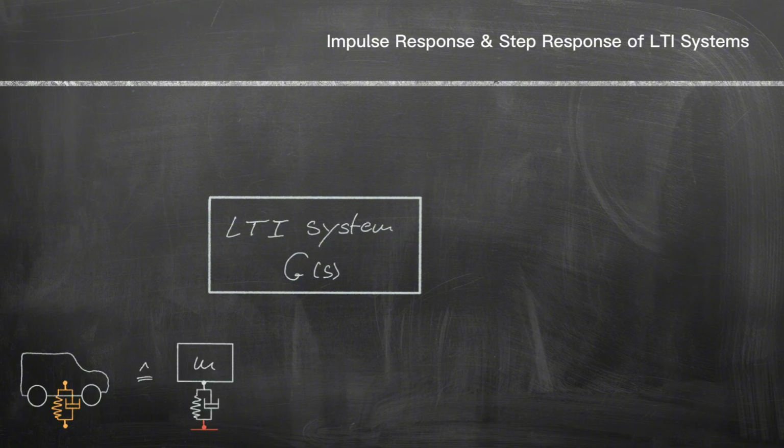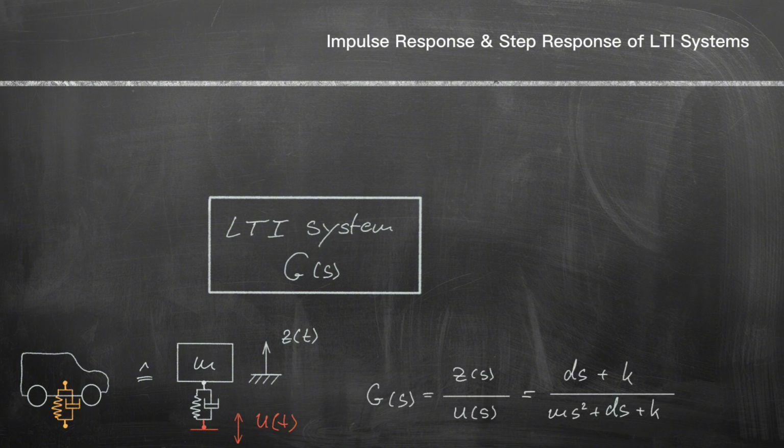The base displacement is described by u(t), and the degree of freedom of the vehicle body is z(t). The transfer function G(s) in general describes the relationship between the output quantity, here z(t), and the input quantity, here u(t), in the frequency domain.